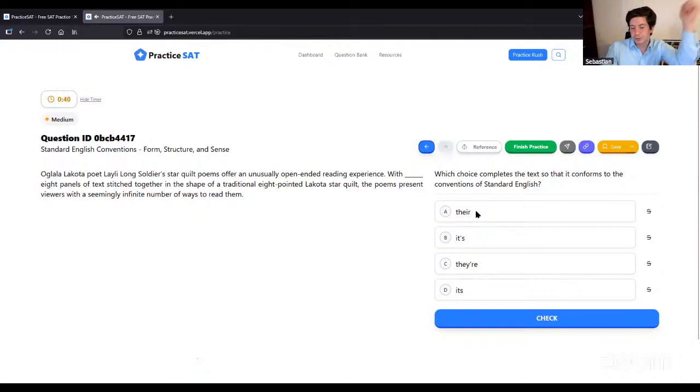By looking at the answer choices, we're testing plural over singular and possessive or not. The poems is what we're talking about, so it should be plural. And are they possessing something? With their 8 panels. So it should be plural possessive, so it should be their, T-H-E-I-R. There with an apostrophe and a Y is they are.